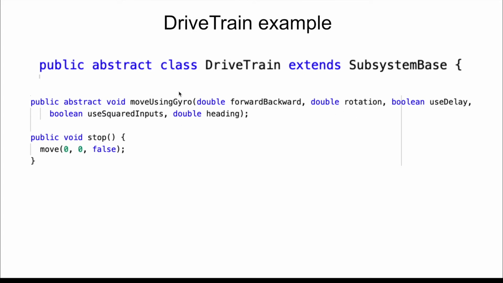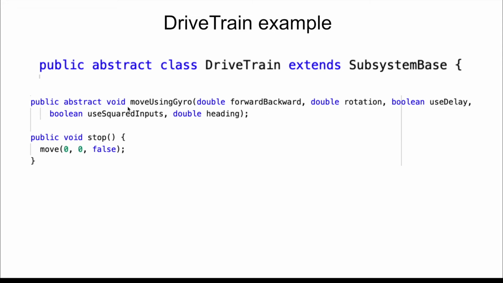Basically, the methods within a subsystem should allow for a useful and intuitive interface for using a bunch of actuators together. In this case, the drivetrain has actuators moving the wheels on the robot. So moveUsingGyro is an intuitive and understandable way of commanding those actuators using this subsystem.